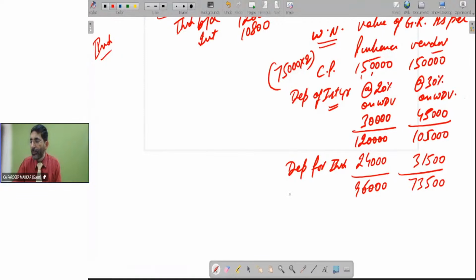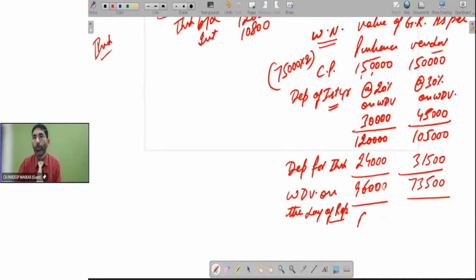So this is the WDV on the day of repossession. According to vendor, its value is 73,500, whereas its value in the books of purchaser is 96,000. This is book value in the books of purchaser, and this is the agreed value, because this is the value as per vendor and we have to agree with the value of vendor.